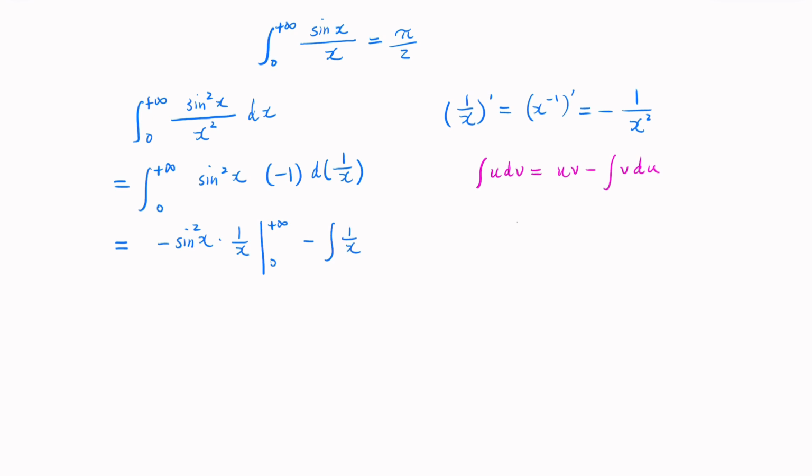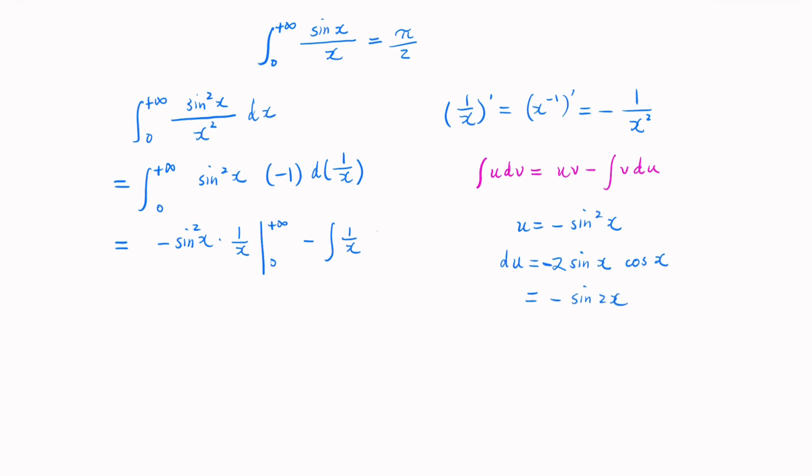The u here, what is the u here? U is negative sine square x. So if you do the du, it's going to be equal to 2 times negative sine x and then cosine x. That's equal to sine 2x.